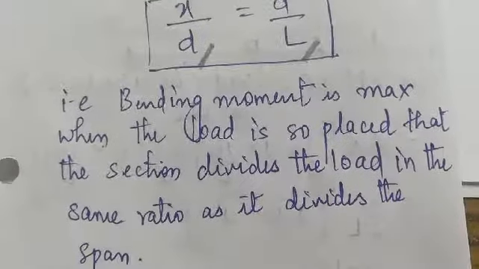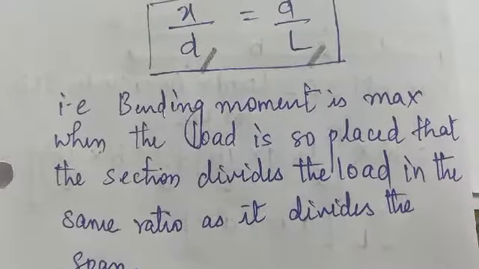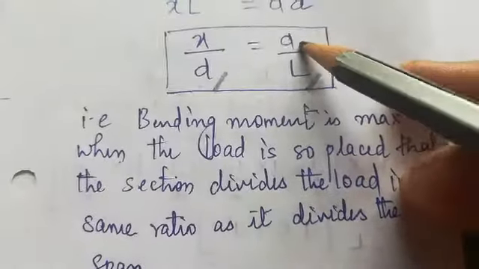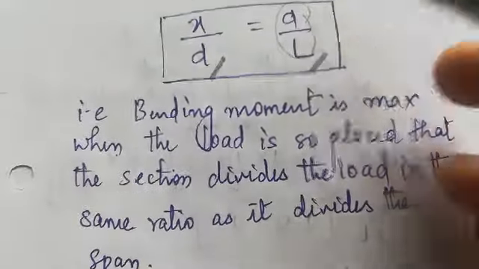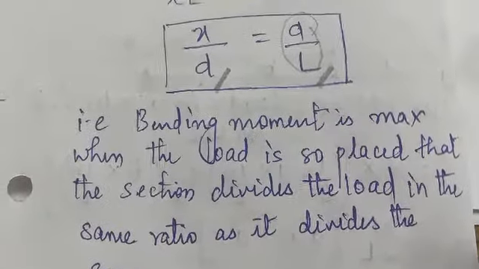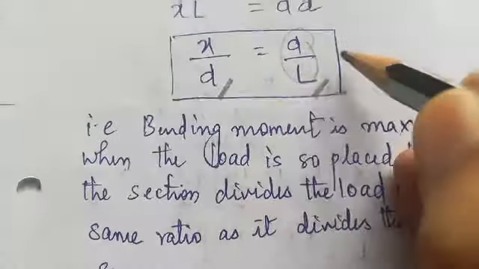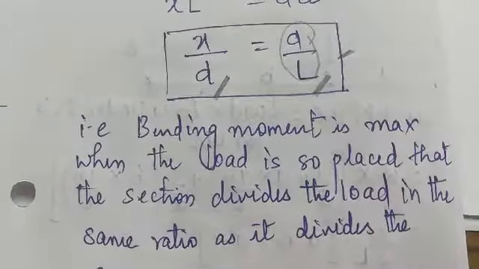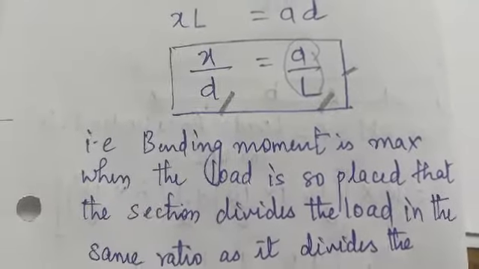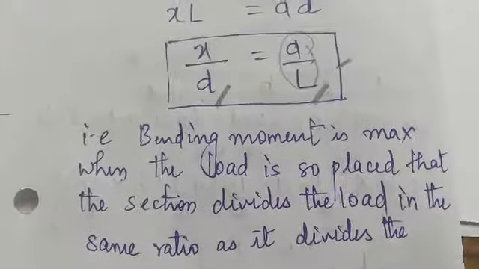Bending moment is maximum when the load is so placed that the section divides the load in the same ratio as it divides the span. Now this is useful when we are calculating the maximum bending moment in problems. At that time you will understand it more clearly.